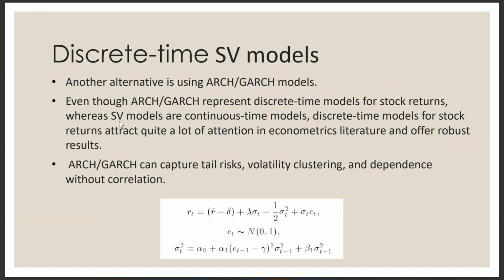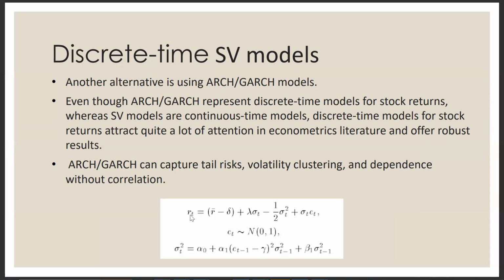Maybe you need to know about discrete time stochastic volatility models. For stock prices, ARCH or GARCH models are used, and maybe you know something about these models. So it is a discrete model, and in this model, instead of a Wiener process, you have white noise.